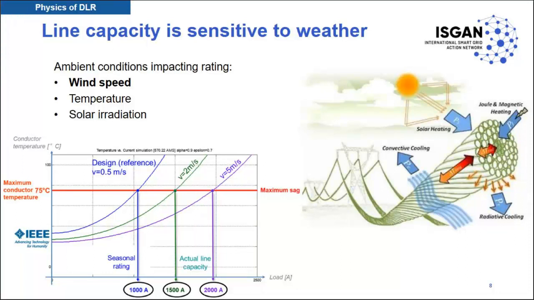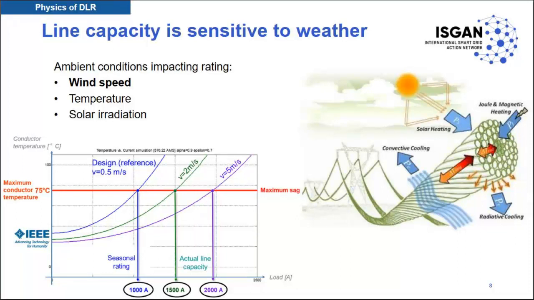I'm going too fast. Now, with 5 meters per second, in that case, the capacity of the conductor has doubled without any further action of any sort. So this is attractive enough to think about developing methods to do dynamic line rating.